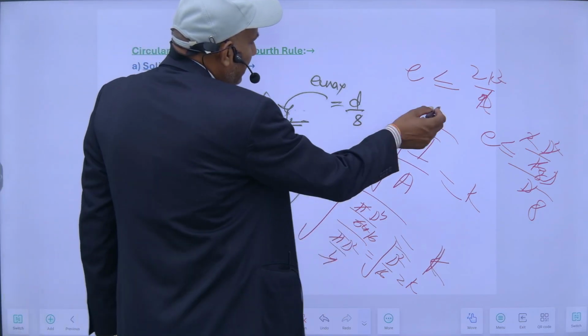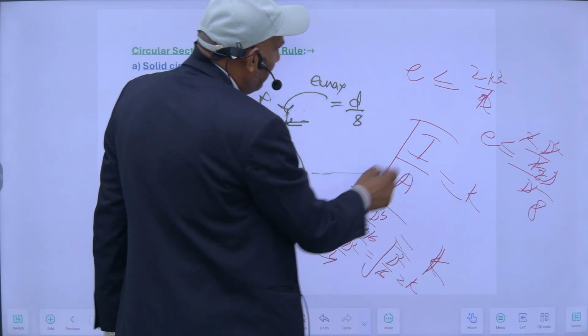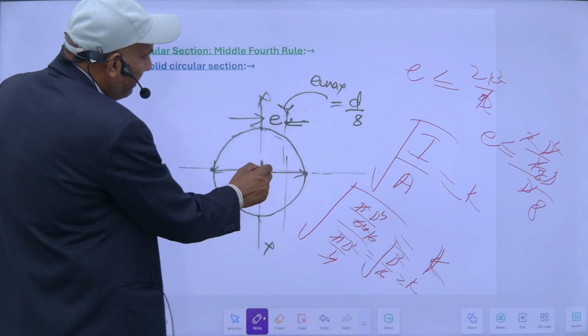So the maximum eccentricity in this case for no tension to develop will be D by 8.